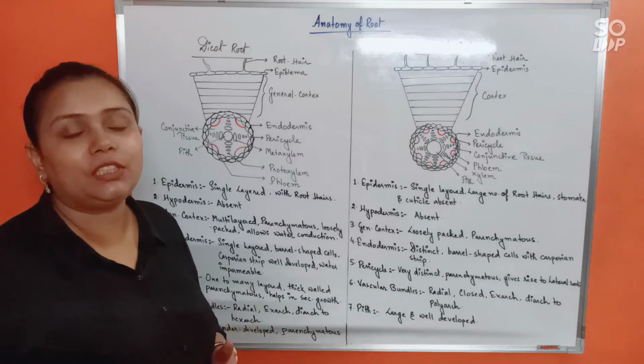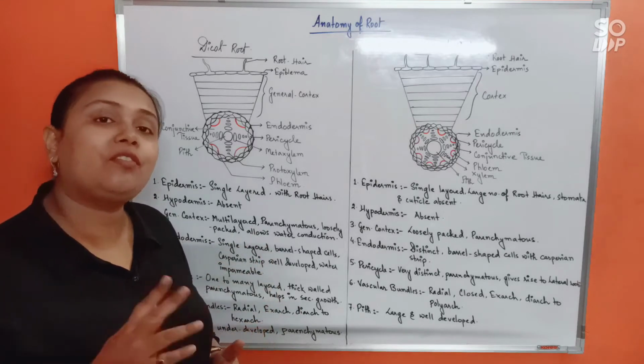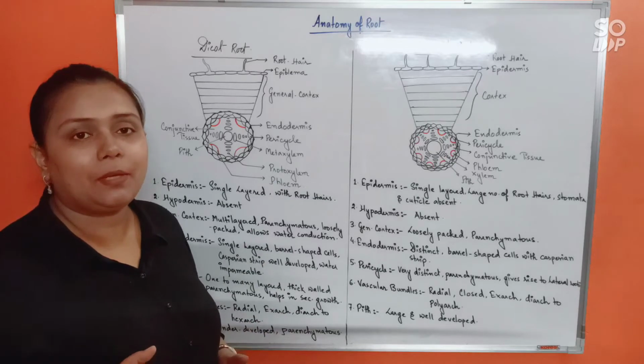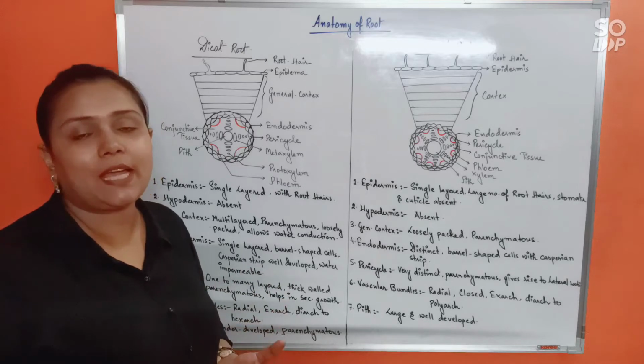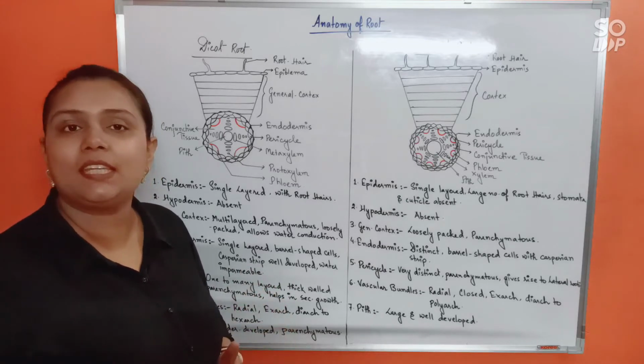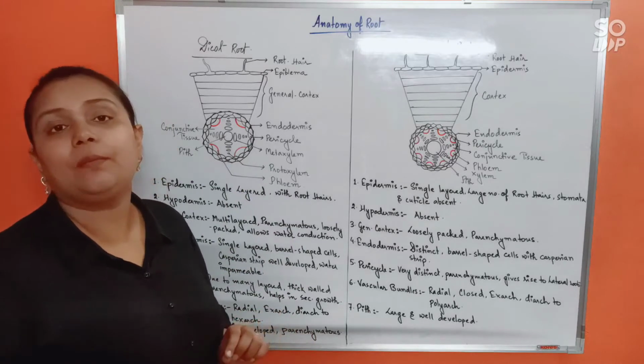That's very important. Later on, you will use this information in the transport chapter, where you will learn in detail how the transport of materials inside the plant body takes place. That time, this information is going to be very, very important.